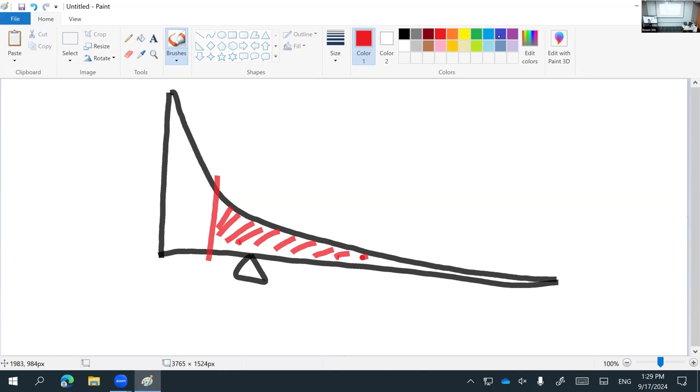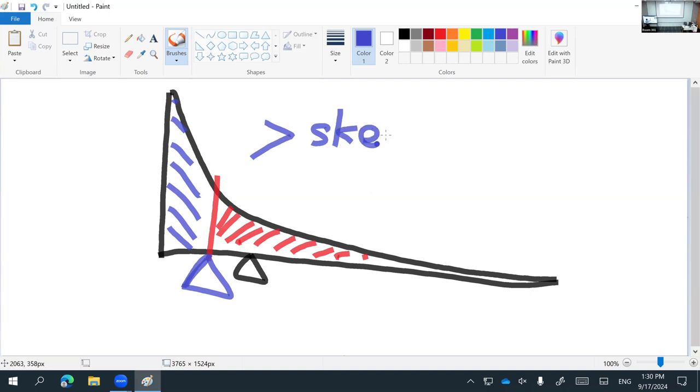And then the area here is 50%. Okay. In this case, you will find out that median is much lower than the mean. Okay, so mean, median. Now, the reason that median and mean are not the same is because it has this kind of rightward tail. This thing is called positively skewed. Okay, positively skewed.